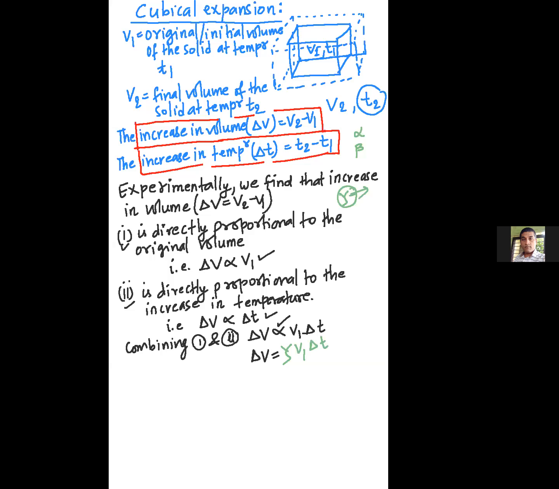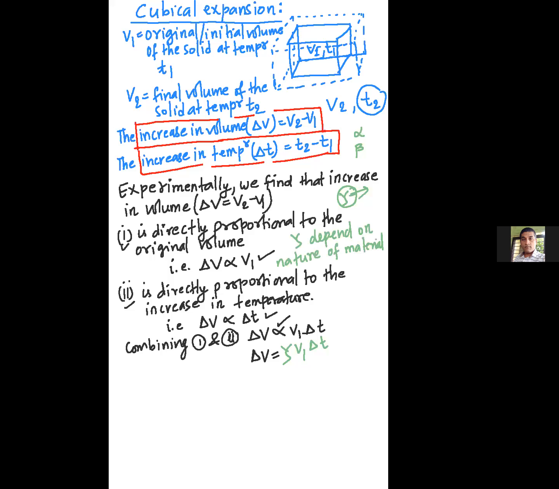We know from the previous lecture also that alpha and beta depend on the nature of the material, whether you are using iron, copper, or brass.